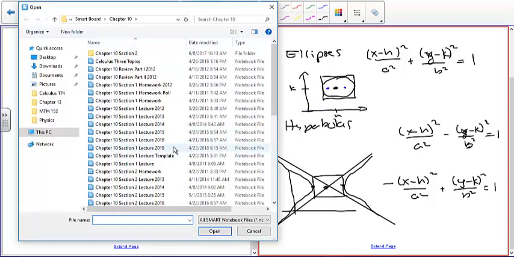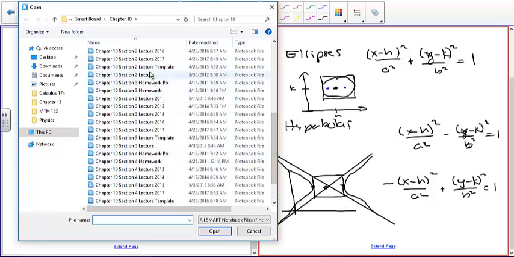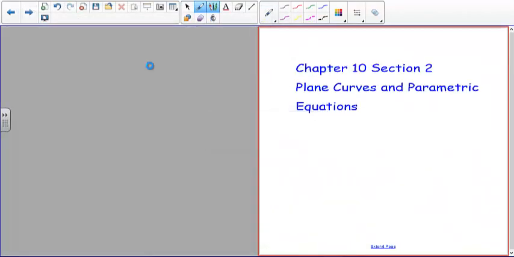So we're going to go to section 2 now. Section 2 is titled Plane Curves and Parametric Equations. Plane curves are just curves that are in a plane, so they're two-dimensional curves.